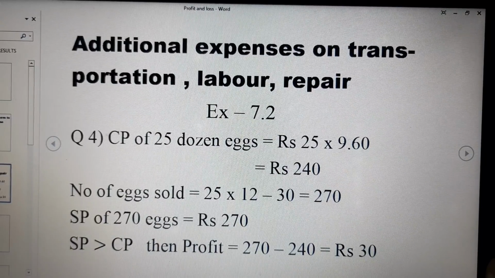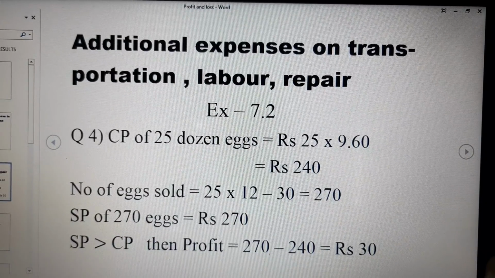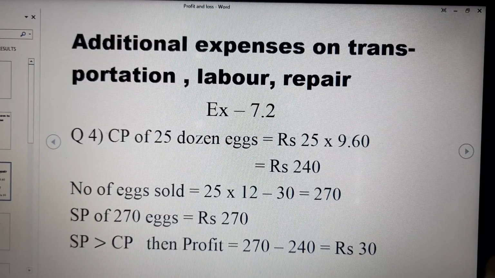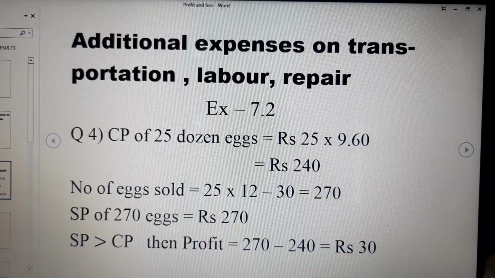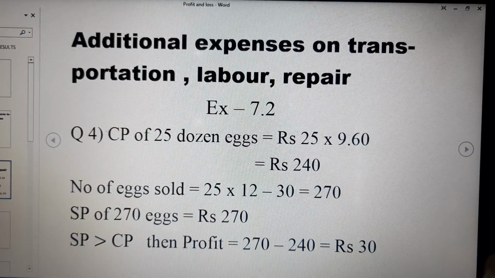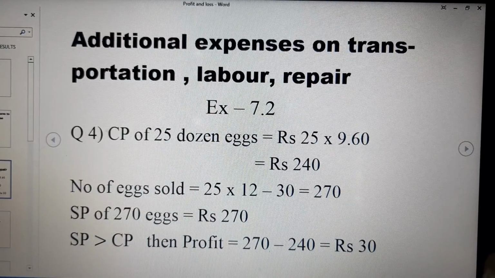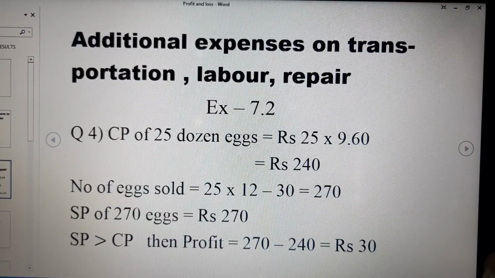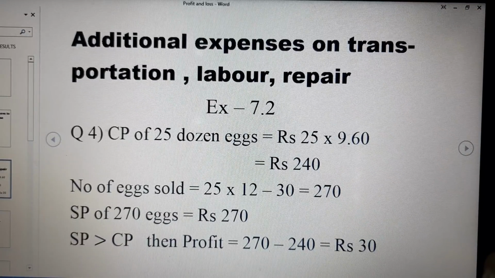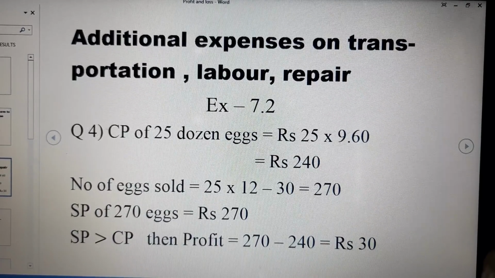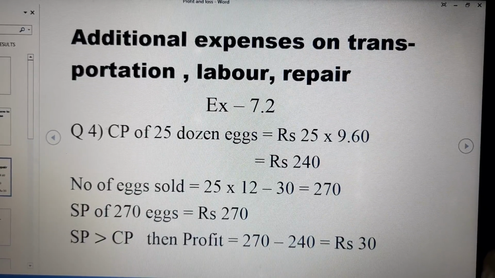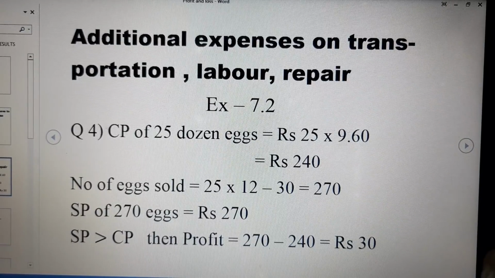Sometimes when you read the questions given in the exercise, they will tell you that this much is the cost price of a particular thing and this much has been spent on transportation, or this much has been spent on labor charges, or this much has been spent to repair it.